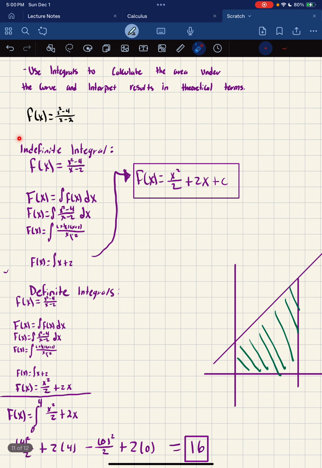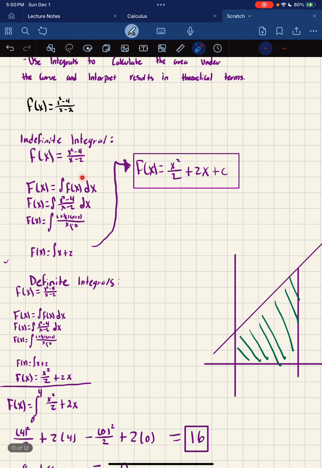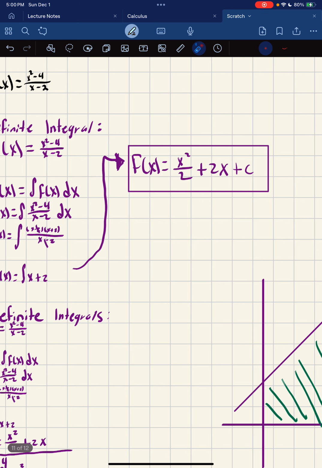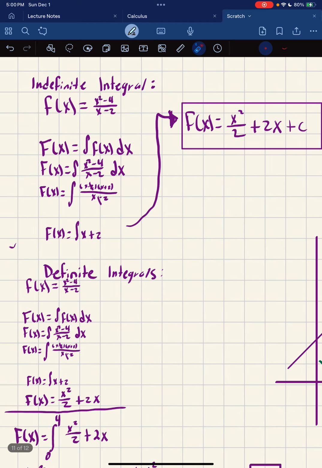On my indefinite integral, I just followed the steps like how we did in class. Then you see I can cancel out my x minus 2, so I am left with the integral of x plus 2. Once you find the antiderivative, your indefinite integral would be x squared divided by 2 plus 2x plus c, since we don't know if there is a number there.